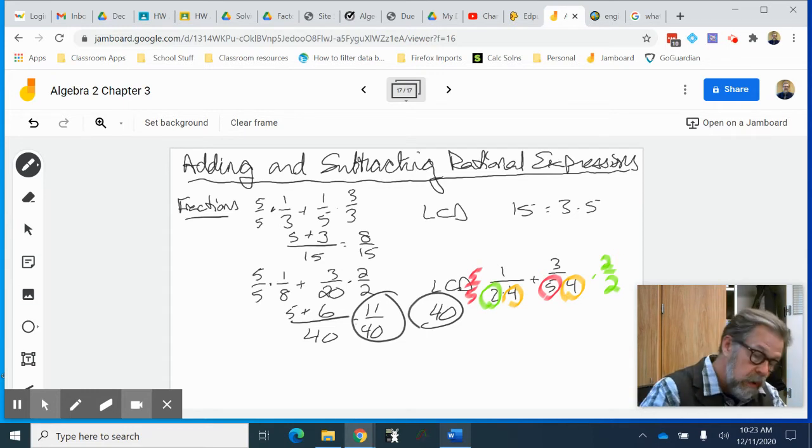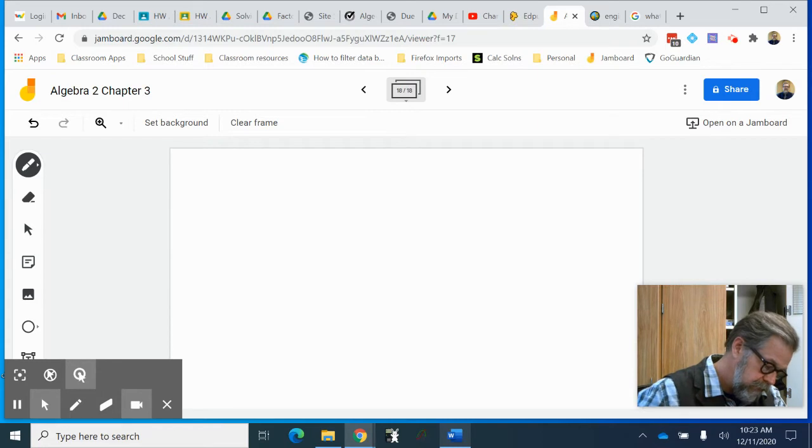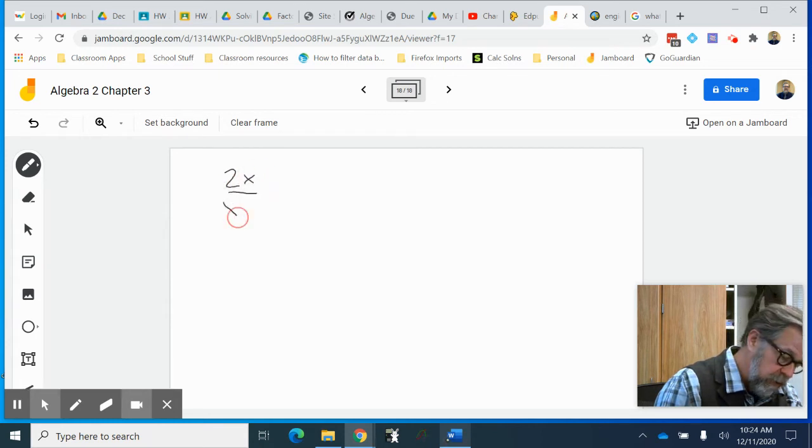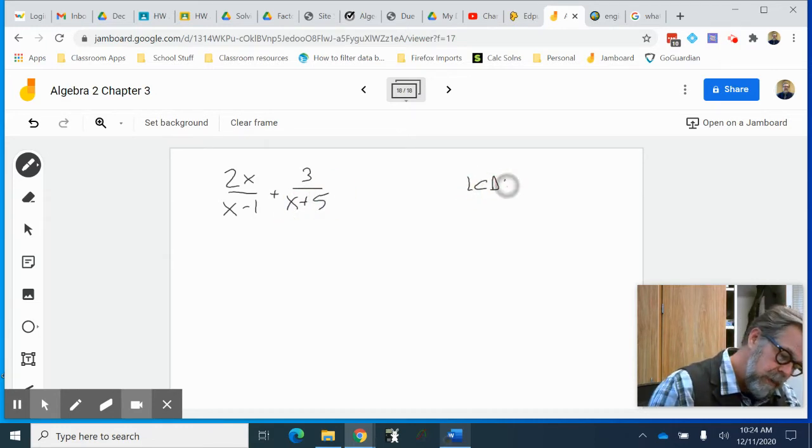Okay, so let's talk about rational expressions. The first rational expression we're going to look at is 2x over x minus 1 plus 3 over x plus 5. And again, I'm looking for a least common denominator.